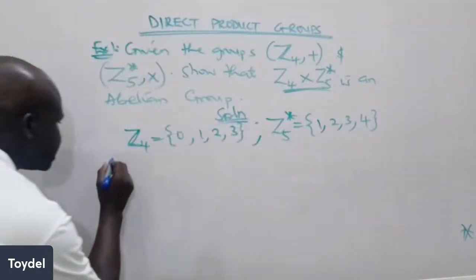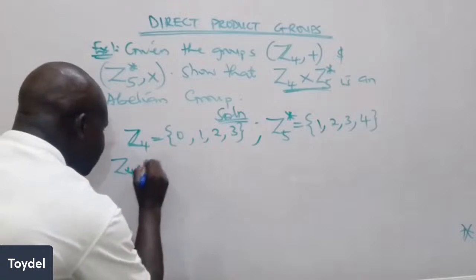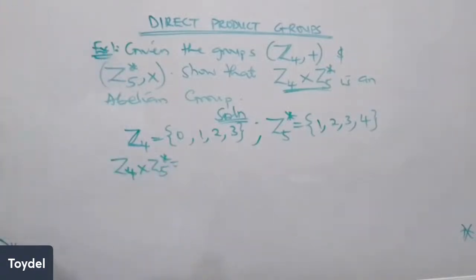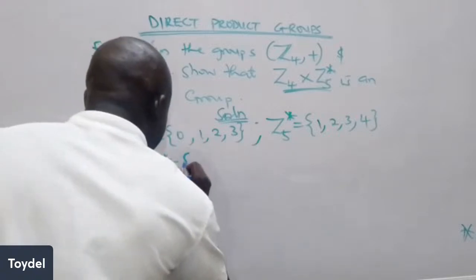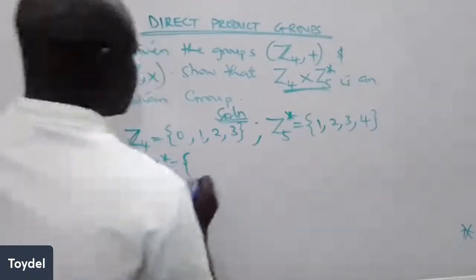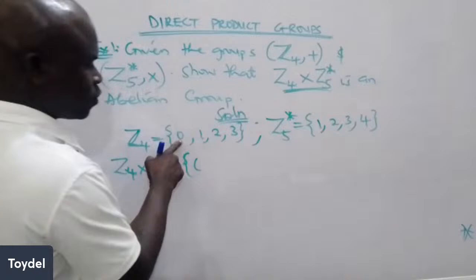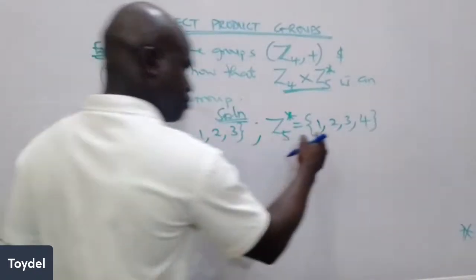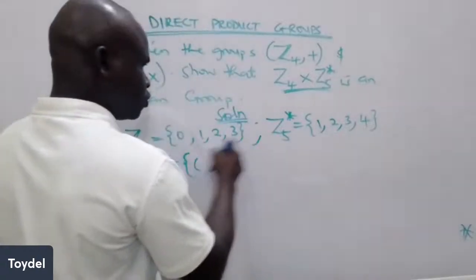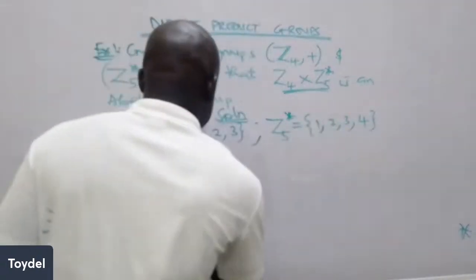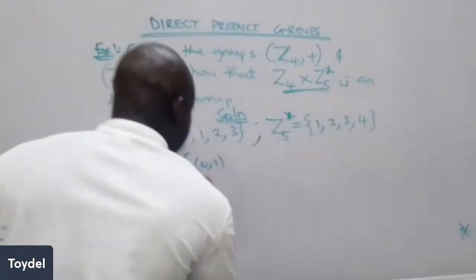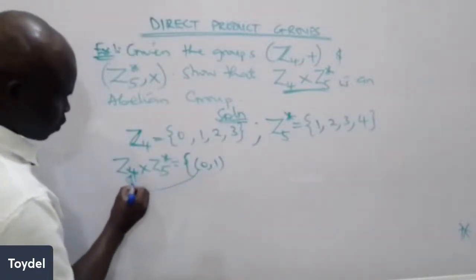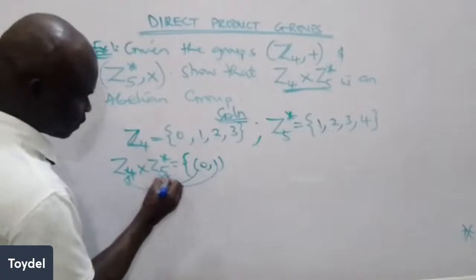Then what is Z4 cross Z5 asterisk? That's what we want to check now. We first list out the elements. This is what we do. We first pick 0, the element here, and pair it with every element of the other set. We come back and pick 1, pair with every element there. We pick 2, the same thing, then 3, the same thing. That is, we have (0, 1), where 0 is from Z4 and 1 is from Z5 asterisk.